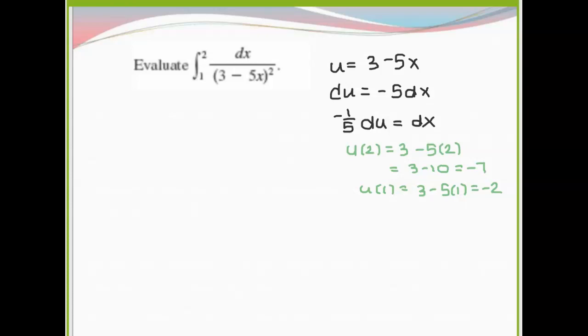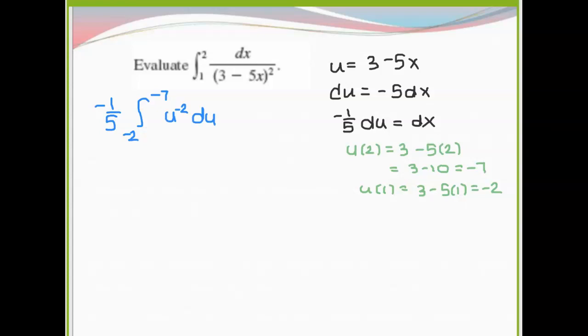So my integral with u sub becomes -1/5 the integral from -2 to -7 of u to the -2 du.